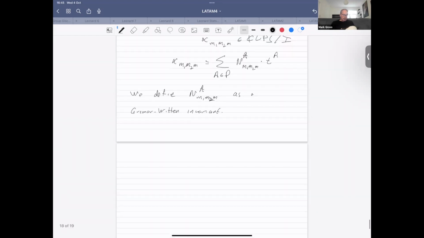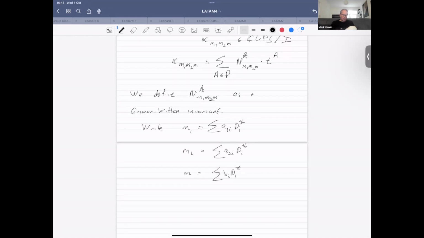Now this is going to be a little bit subtle. So we want to count. Let me fix a little bit of data first. So write m1 as summation, let's say a1i di star, m2 as summation a2i di star, and n is equal to summation bi di star.